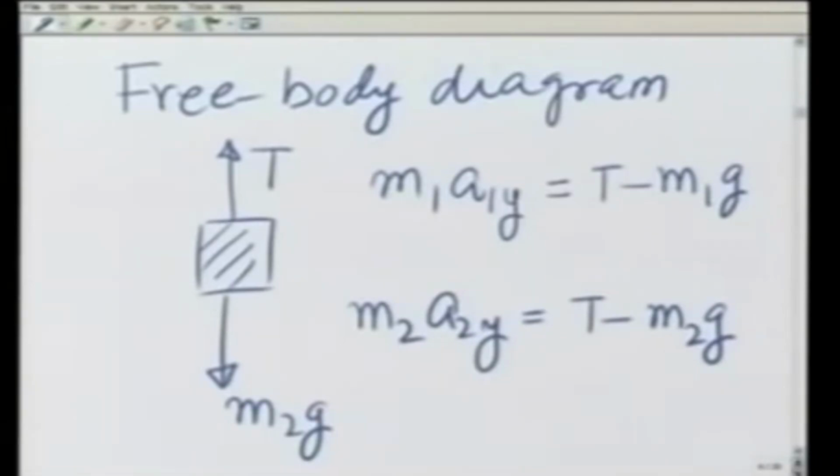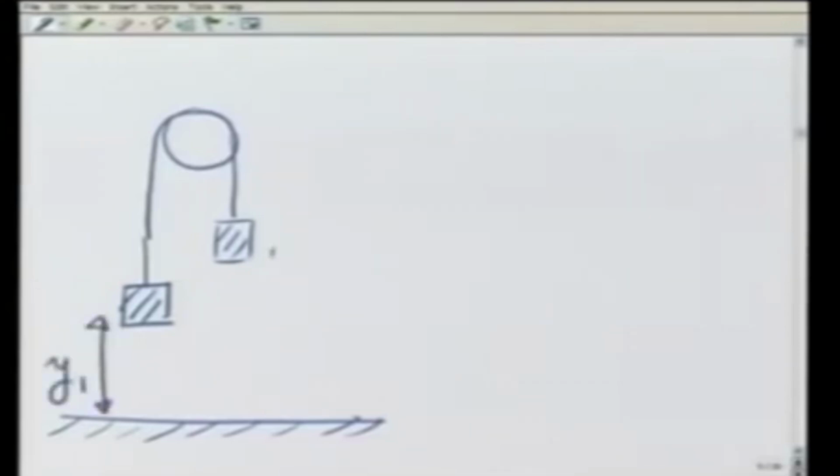You may ask, I am writing a1y, a2y, which way is my y, and things like those. So let us be more precise. Let me measure my distances from the ground and be more precise, because that will also help me later to write my constraint equation. Let this be the ground. Let the distance of mass m1 be y1 from here. Let the distance of mass m2 be y2 from here.